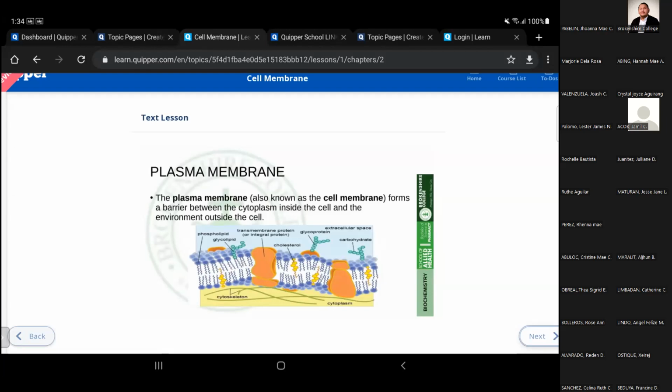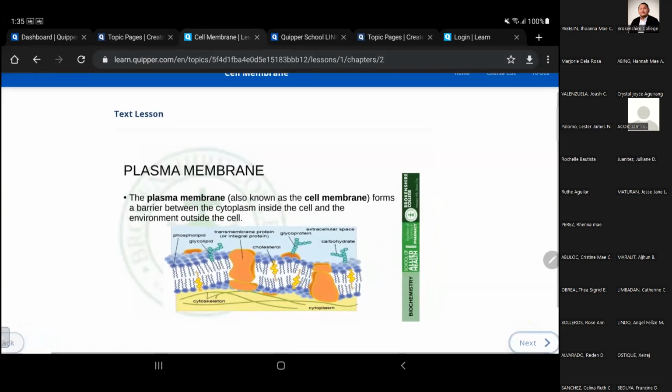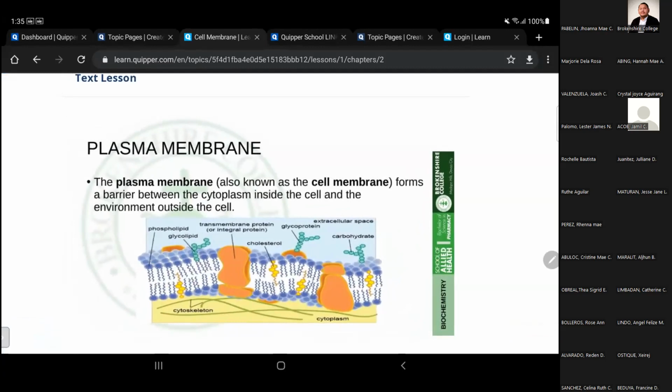So your plasma membrane has different parts, or shall we say different structures that could be found in your plasma membrane, or its components or composition. So it has phospholipids. It has the presence of glycolipids, and membrane or transmembrane proteins. They could be either peripheral or integral proteins.